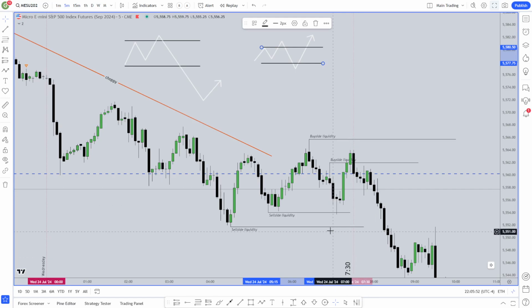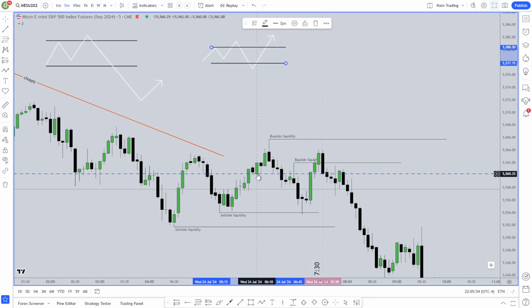So at 7:30 we're watching several things. We have to keep this level in mind from the previous day. We take the buy side internal, don't take it external. And then what do we do right after 7:30? Start breaking down below the previous day's low.